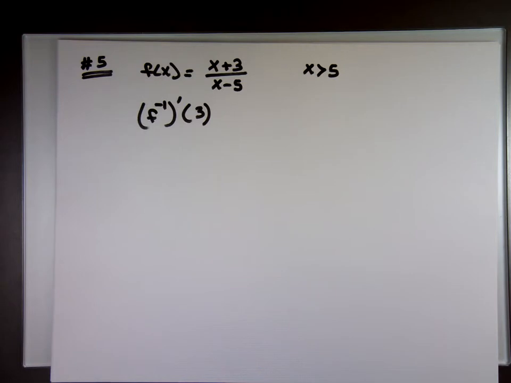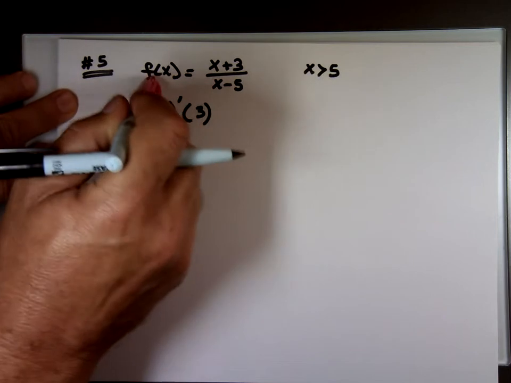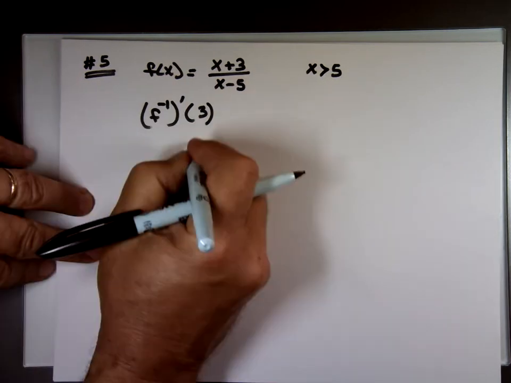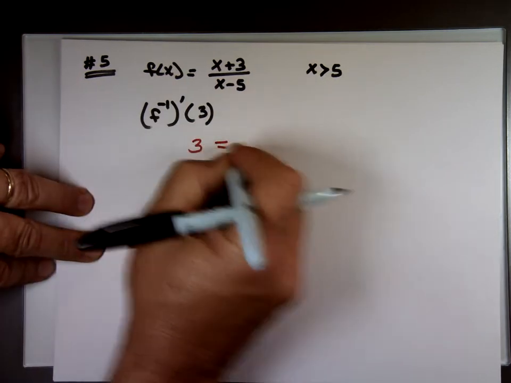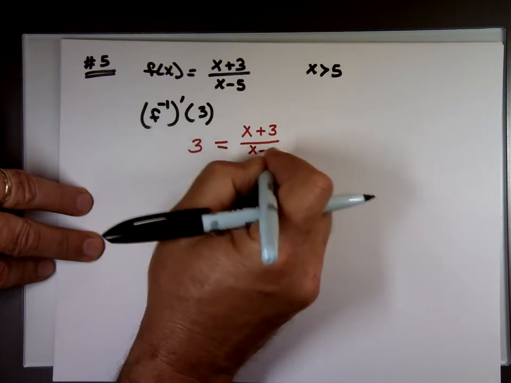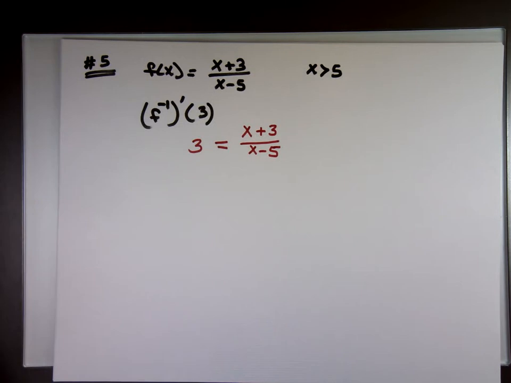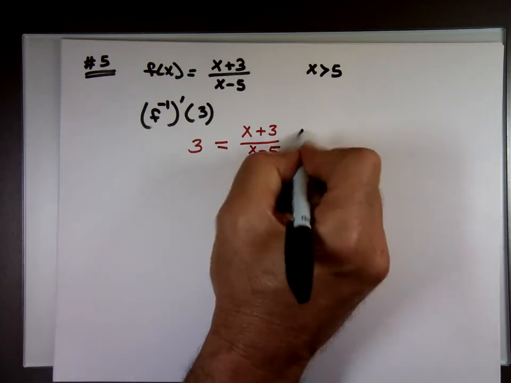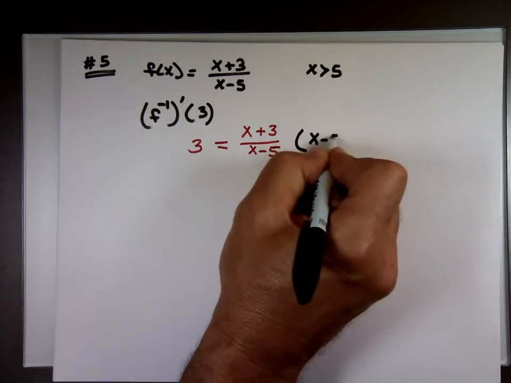So the first step, I need to find out what value of x will have a y value equal to 3. So 3 equals x plus 3 over x minus 5. And let's solve that one. To solve it, I'm going to get rid of the fraction by multiplying by x minus 5.